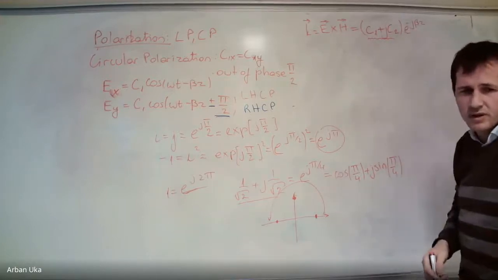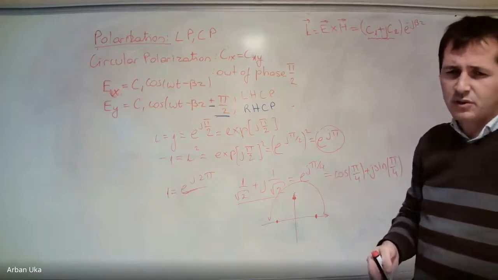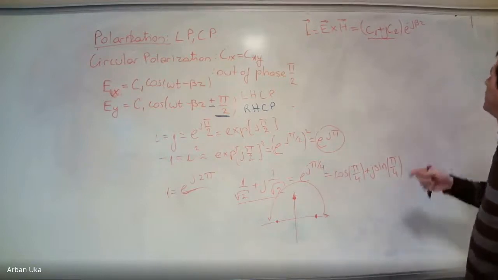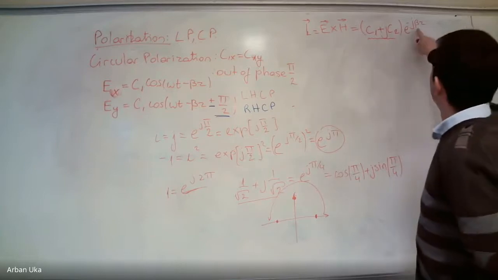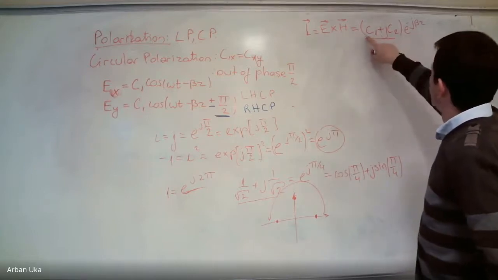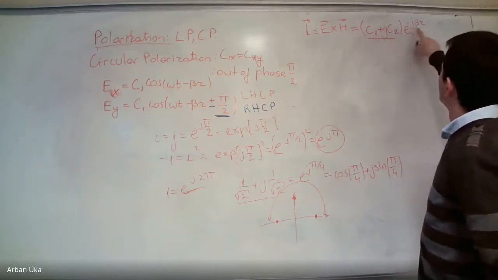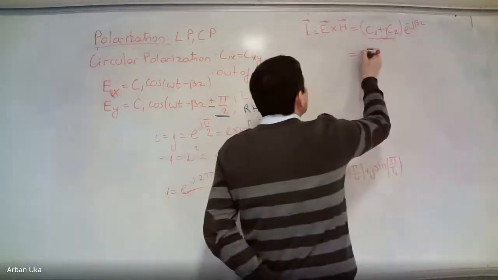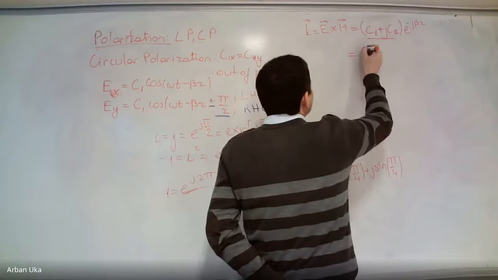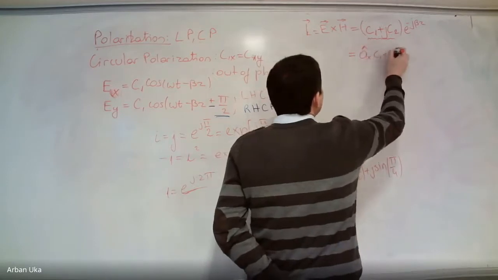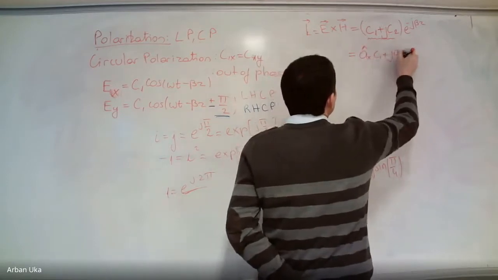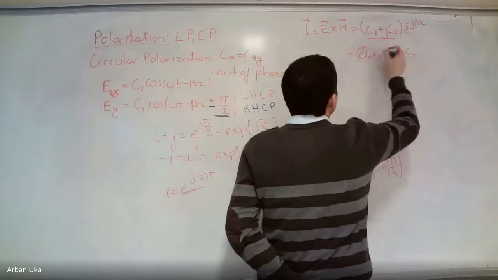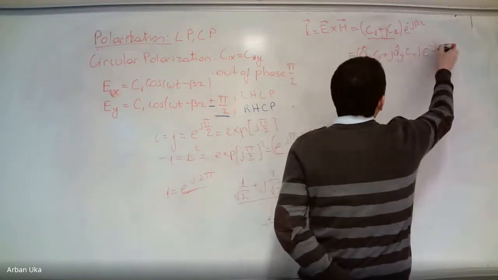Let's assume for a moment that the wave is moving in the positive z direction. It could be a different one for sure. But if it is like this, then the electric field has to be perpendicular to the propagation, right? I did not write this one completely, but it would be best if we write it like AX C1 plus J AY C2 times e to the power minus j beta z.